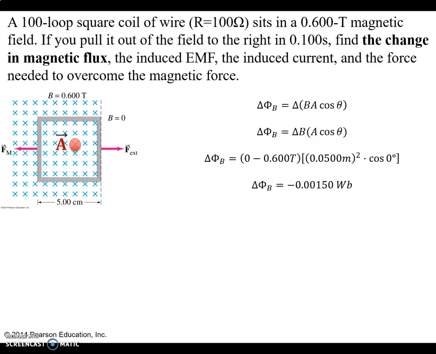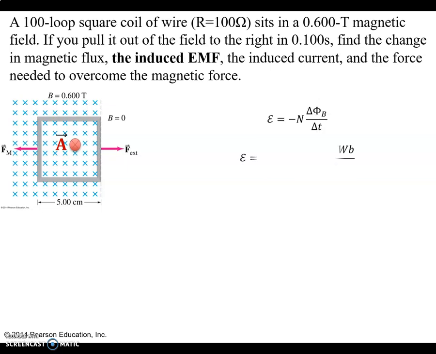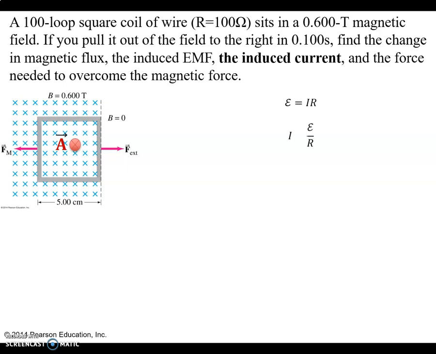Since the magnetic flux is decreasing, Lenz's law says that the induced current is going to oppose the change. It's going to create a magnetic field that re-increases the magnetic field.